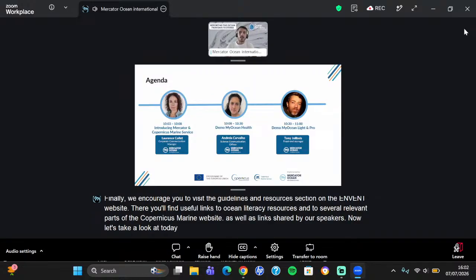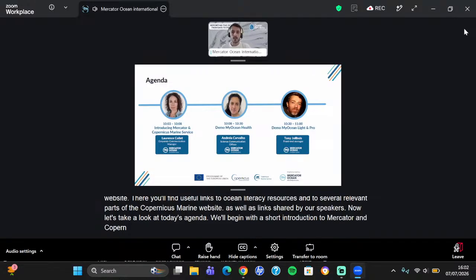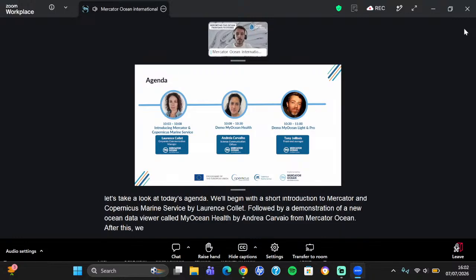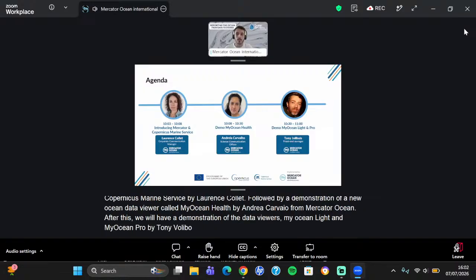Now let's take a look at today's agenda. We'll begin with a short introduction to Mercator and the Copernicus Marine Service by Laurence Collet, followed by a demonstration of a new ocean data viewer called My Ocean Health by Andrea Carvalho from Mercator Ocean. After this, we will have a demonstration of the data viewers, My Ocean Light and My Ocean Pro by Tony Jolibois from Mercator Ocean as well.